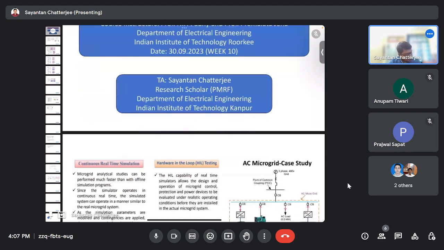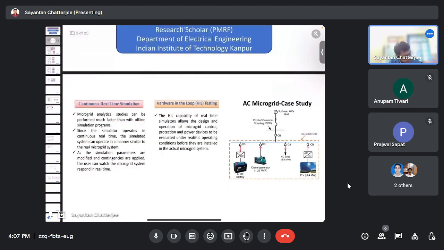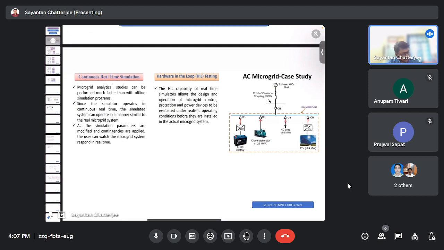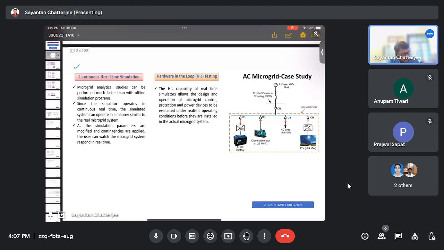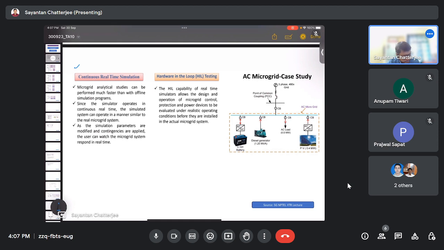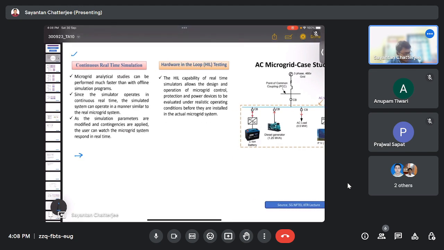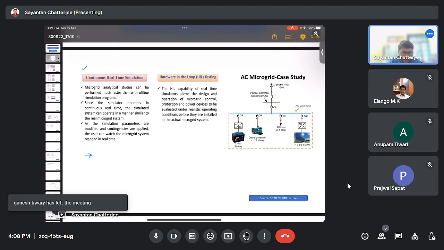So basically what we need to do is microgrid modeling. This is from the lectures itself, that accurate microgrid modeling needs to be performed.